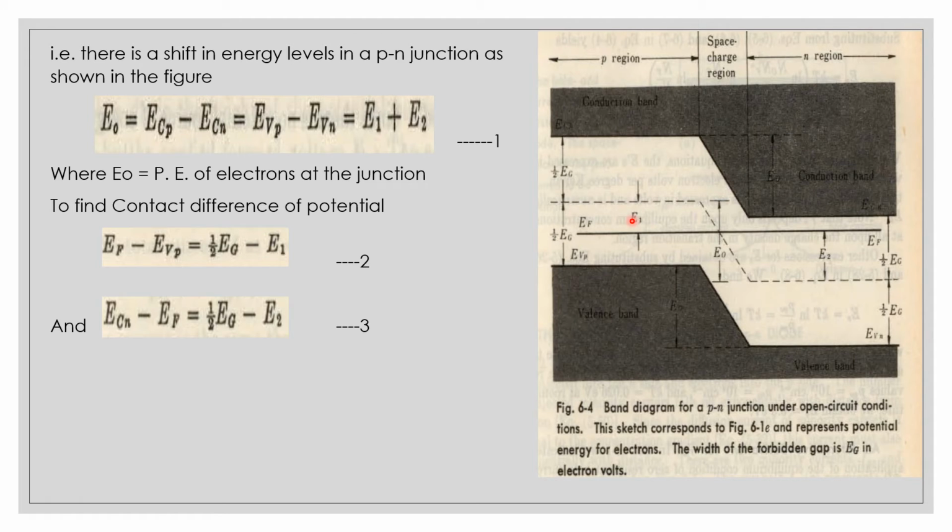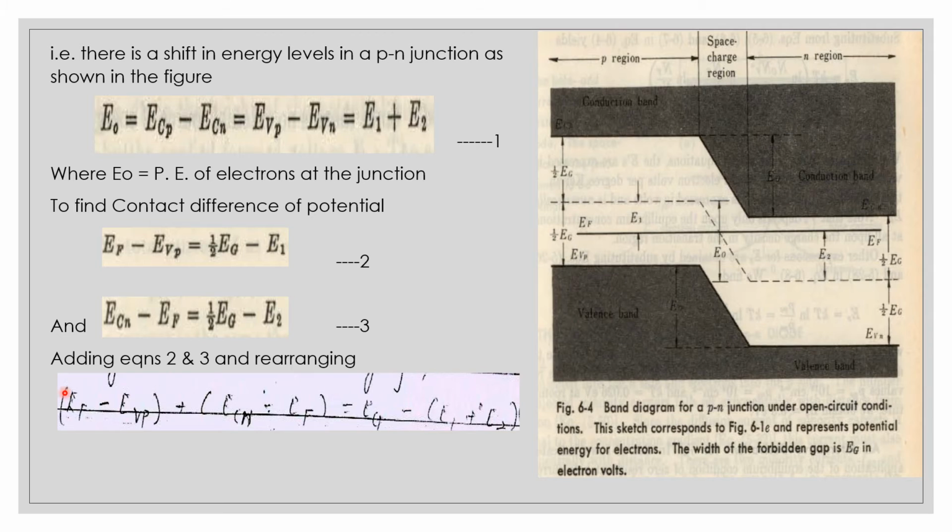Same way we can write down ECN minus EF, which is equal to half EG minus E2. Equation 3. Adding equations 2 and 3 and rearranging, we get EF minus EVP plus ECN minus EF is equal to half EG plus half EG, which is EG, minus E1 plus E2.